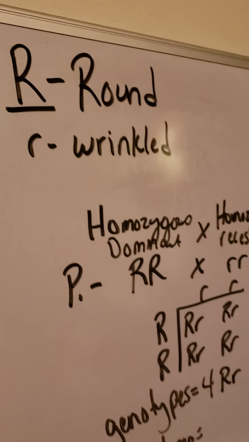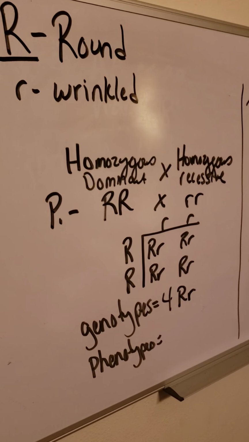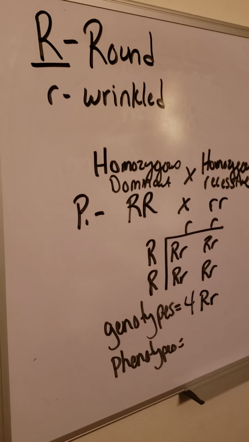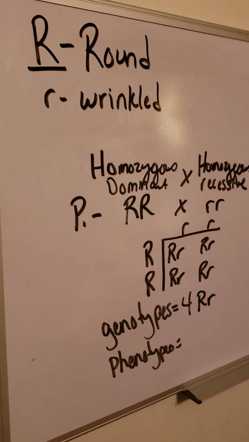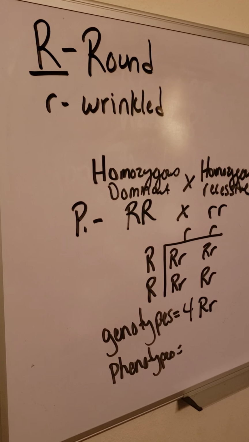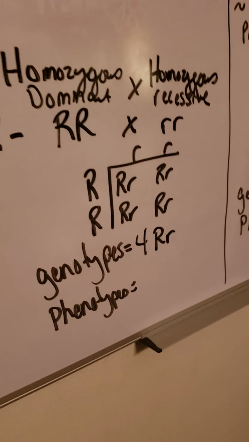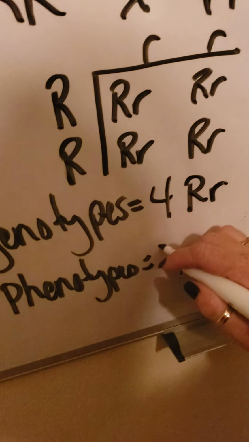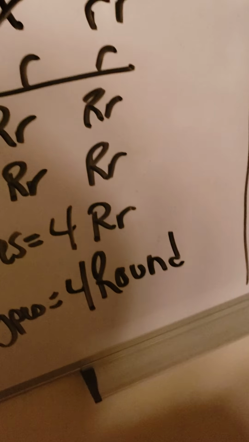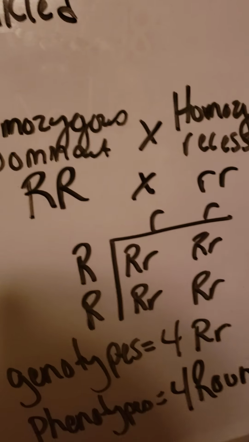So that is why in my previous mini board I said that genotype determines phenotype, and that is because in basic Mendelian genetics, the dominant allele will show the dominant trait. So here, for the phenotypes, we will have 4 round. Sweet, that problem is done.